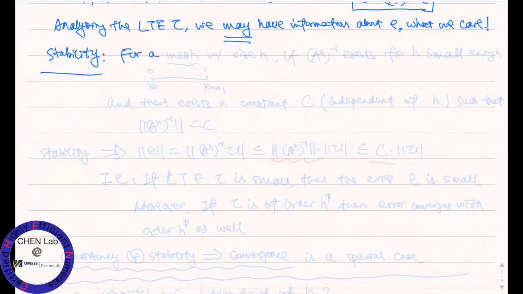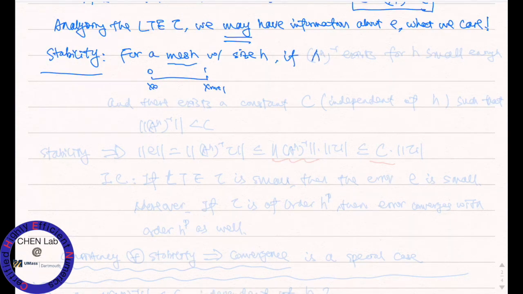Here's for a mesh with size h. Okay, so we have the mesh already. Remember, the mesh is a grid x_0 to x_{m+1} of size h.